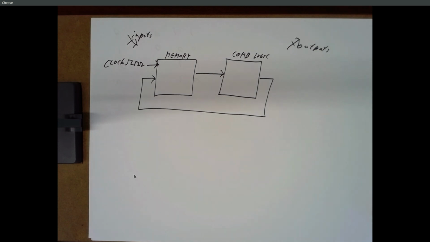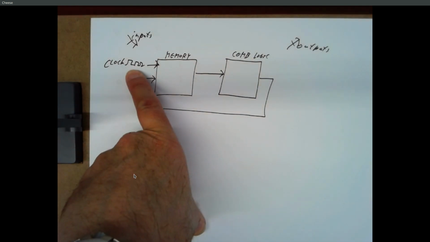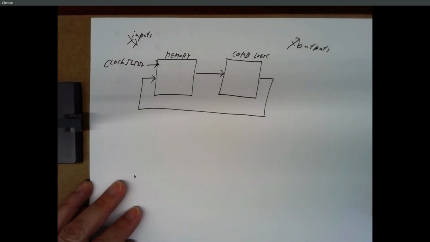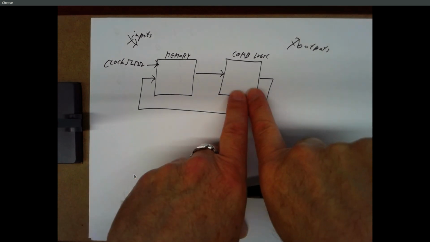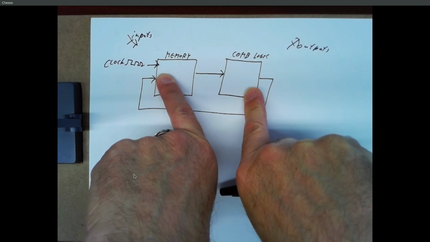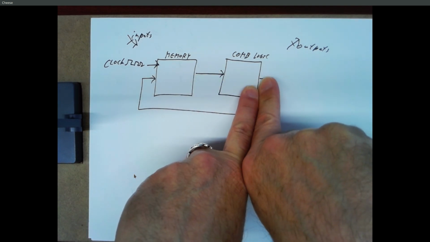So a good question is, how fast can we run this clock? The faster you tick this, the faster the system goes from one state to the next. And if this is doing something useful like picking winning lottery numbers, you want your clock to go as fast as possible, so you can buy a lot of tickets. But there's a limit to how fast you can run your clock. If this combinational logic is really slow, you can't ask this thing to update faster than this logic can take the inputs and produce new outputs.